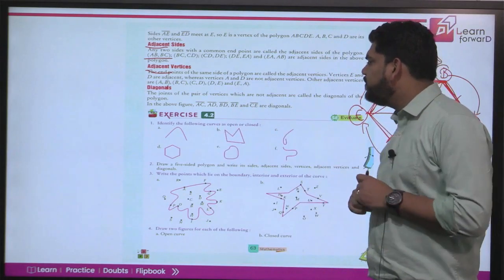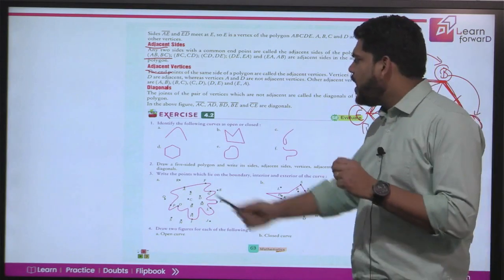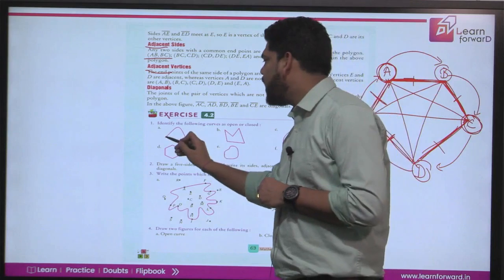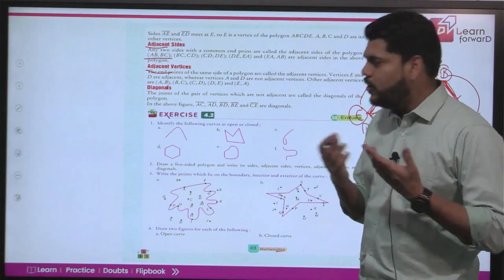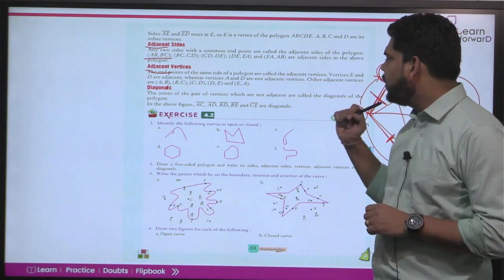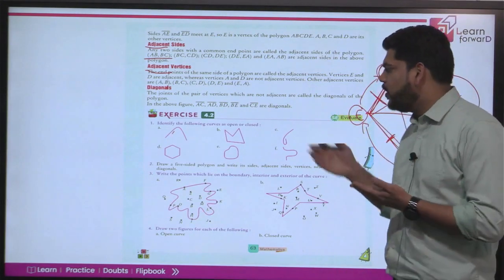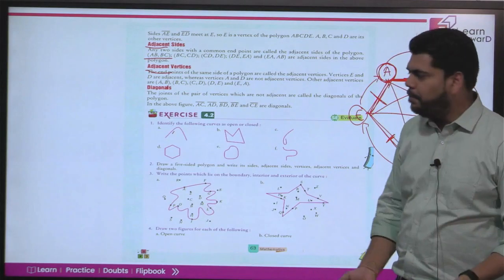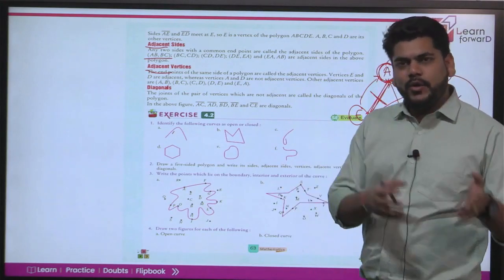Identify the curve as open or closed. A part, is it open or closed? It's open because it has a starting and ending point, and also I can enter here, so it's an open curve. B is a closed curve because I cannot enter in B. C is again an open curve. D again closed curve.